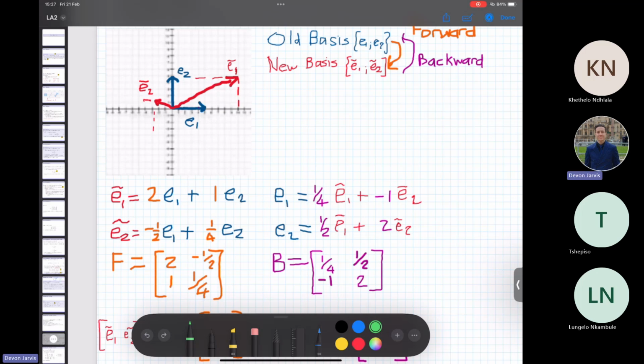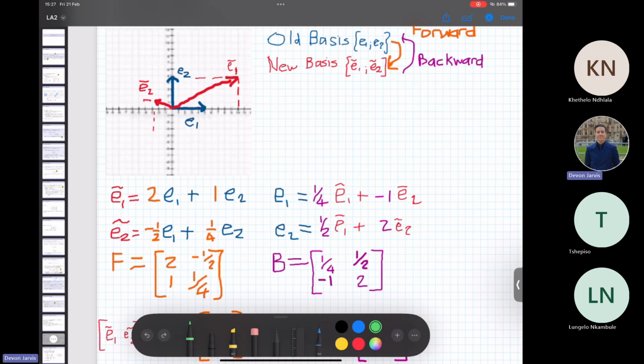If I then take the coefficients of E1 tilde and put them along the first column, and take the coefficients of E2 tilde and put them along the second column, I get what is called the forward transform F. It is the transform that takes my old bases and makes them look like my new ones.